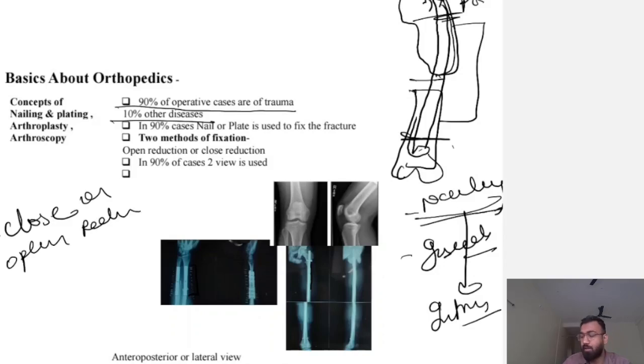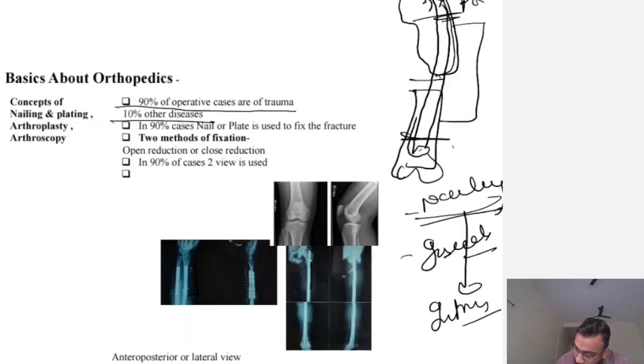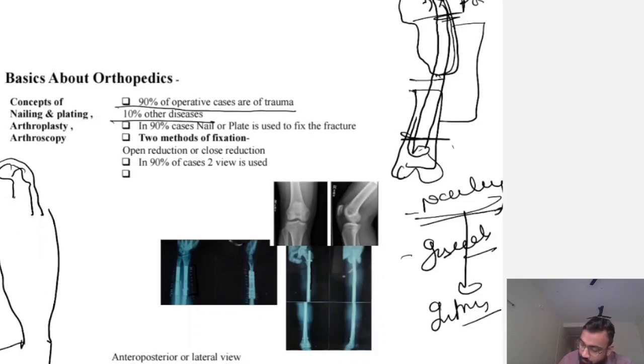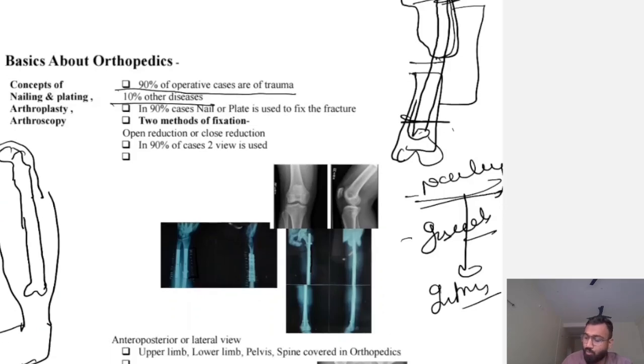So one thing you have learned is that in open reduction there is a huge incision. Let's assume this is the arm, this is the elbow joint, and this is the forearm. So this is the arm and inside it is the humerus. Let's assume the bone is fractured from here.